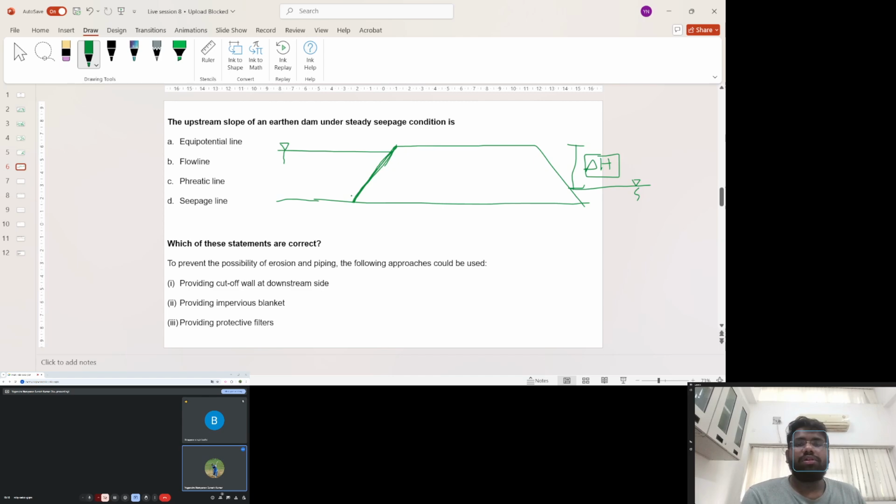Now for the flow to occur, there should be head loss.